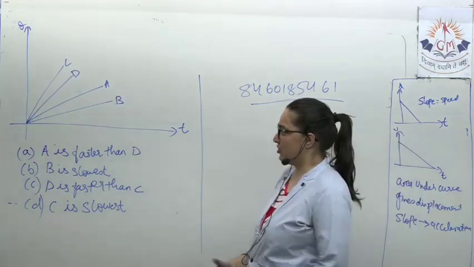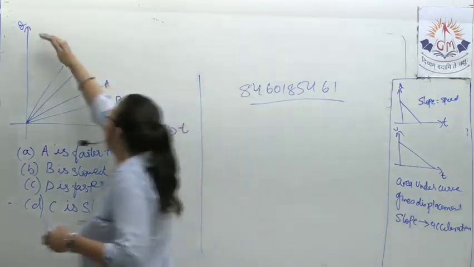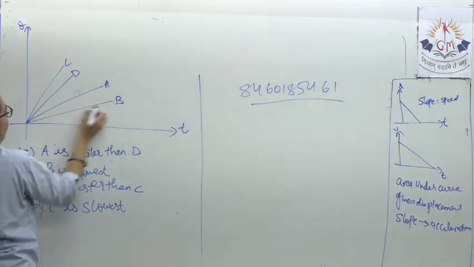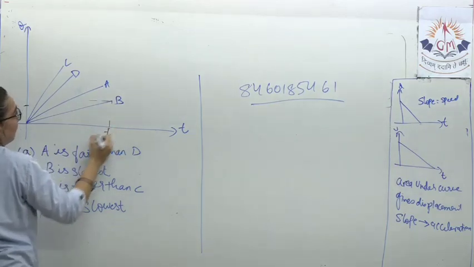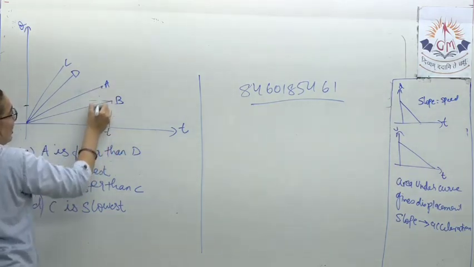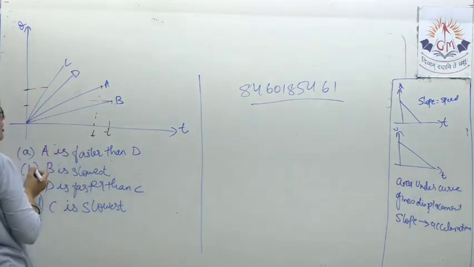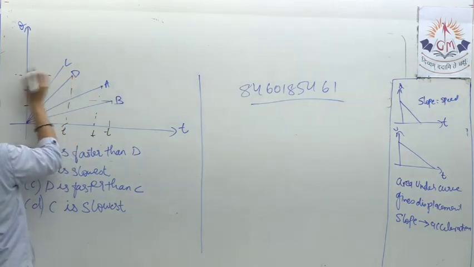How much distance is traveled in any particular interval? Using this graph, you can judge that object B has traveled this much distance only. In less time, A has traveled more distance. In even less time, D has traveled more distance.